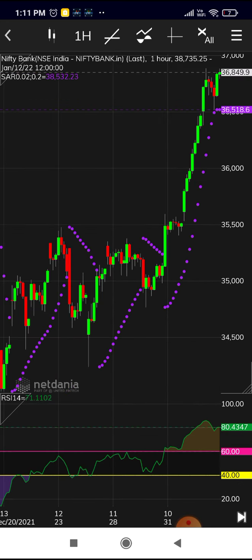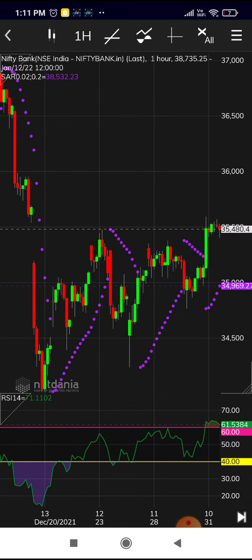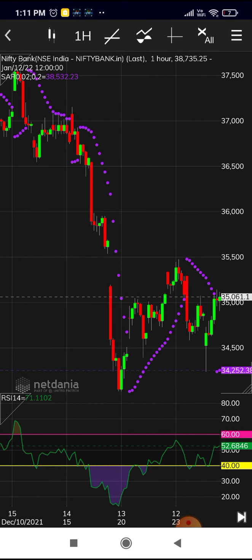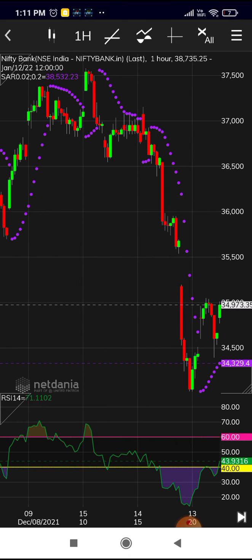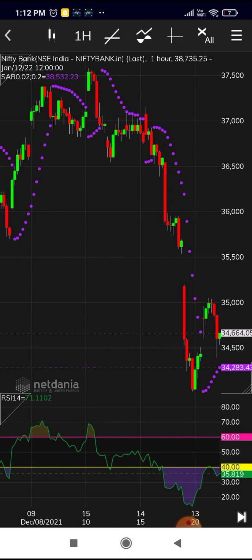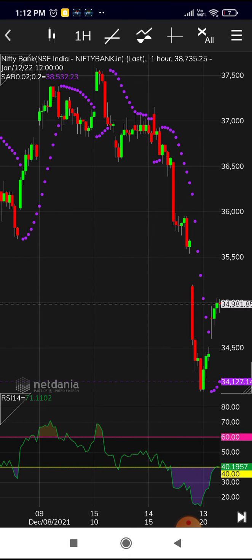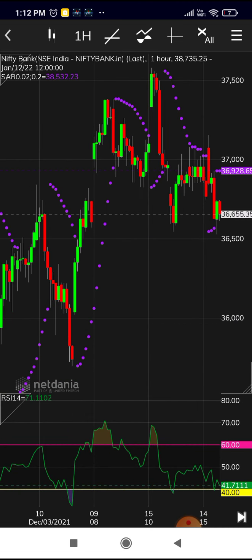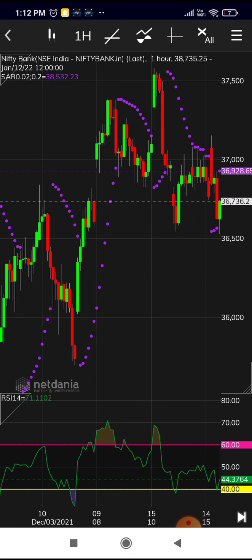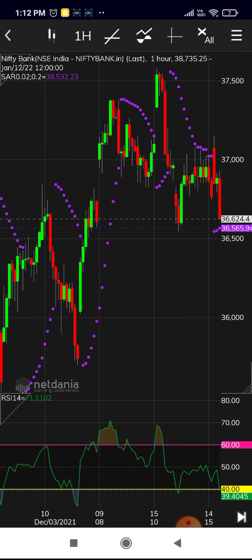We have to consider the RSI value less than 40 for entry on the short side. Now let's scroll back and see what happened when the RSI value fell and the price came down. Look at this particular candle on the extreme right.